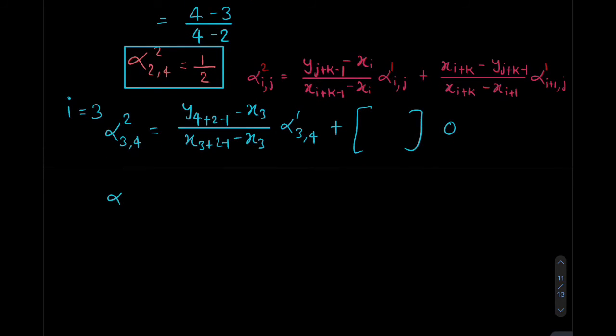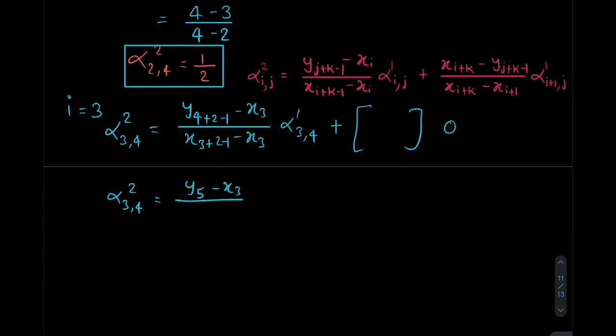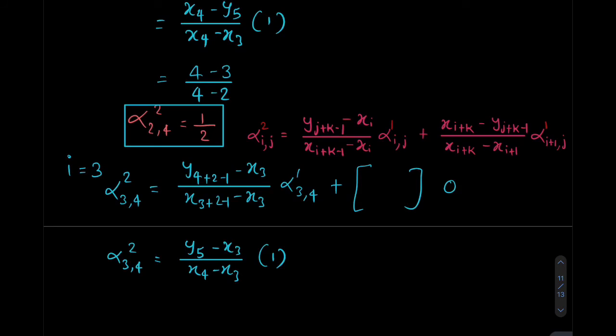Okay, so alpha 3 4 2 is y5 minus x3 divided by x4 minus x3 times alpha 3 4 which is unit value.